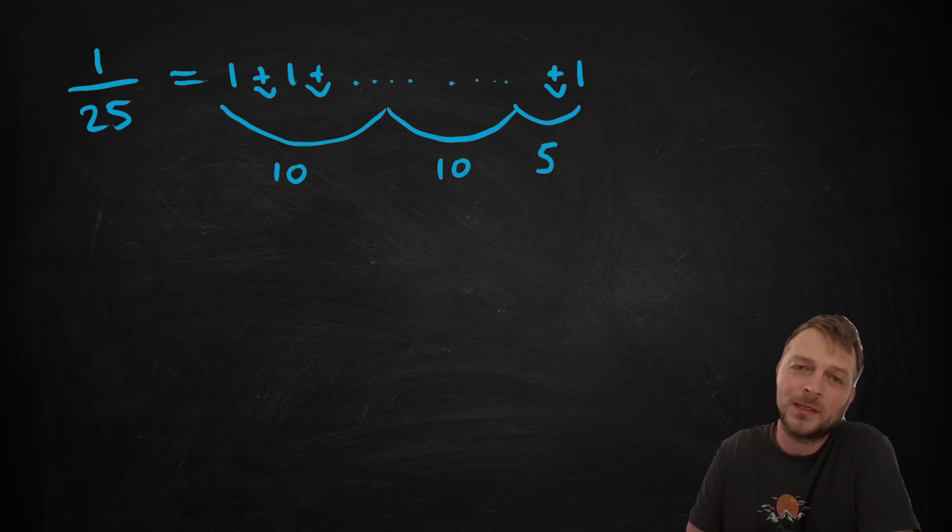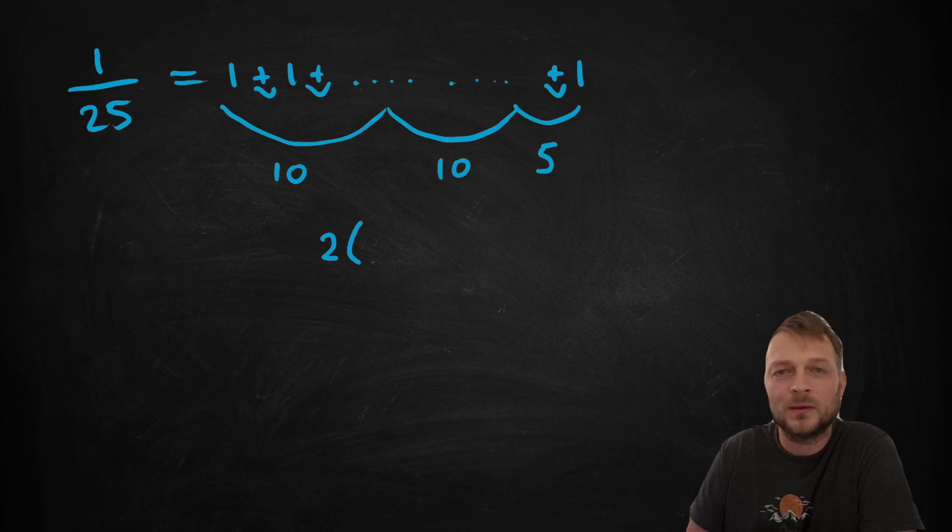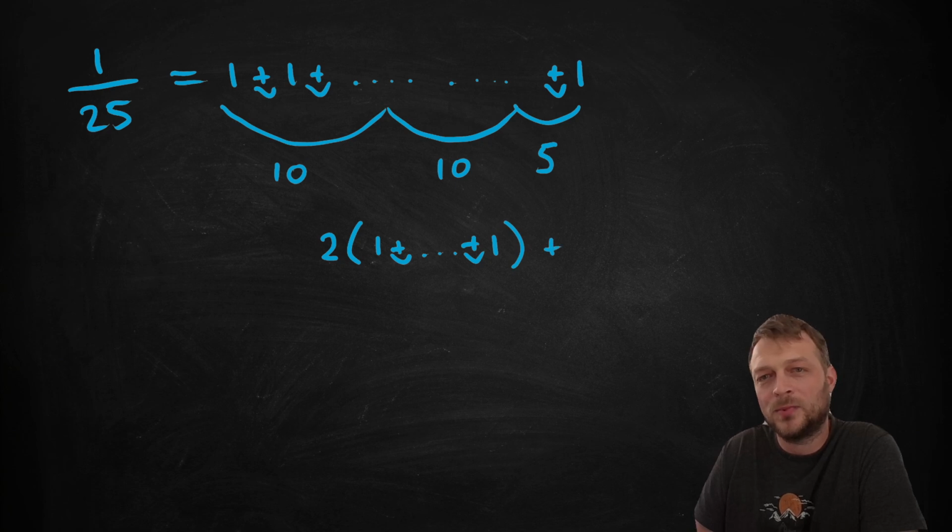So this is 5 tenths, sorry, 2 of 1 plus 10 times and plus 1 plus 5 times.